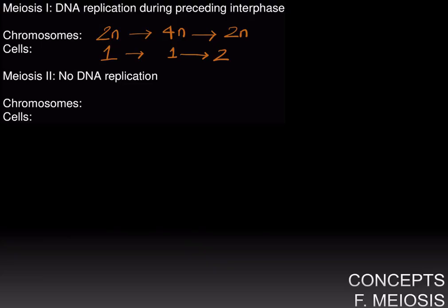At the end of meiosis 1, the cell proceeds straight to meiosis 2, and there is no DNA replication. During meiosis 2, there is cell division, and therefore the number of chromosomes goes down or halves from 2n to n, giving you a haploid gamete.